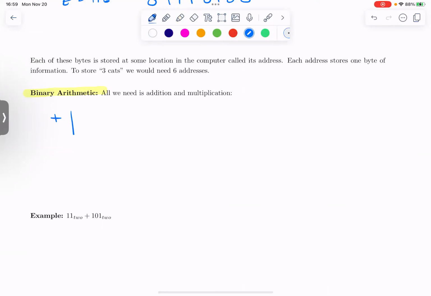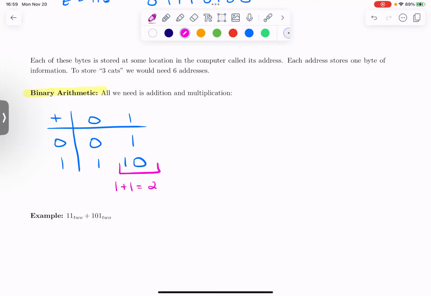So for binary arithmetic, we only have zeros and ones. Now, 0 plus 0 is 0. 0 plus 1 is 1. 1 plus 0 is 1. 1 plus 1 is 1, 0, because 1 plus 1 is 2 base 10, which is 1, 0 base 2.